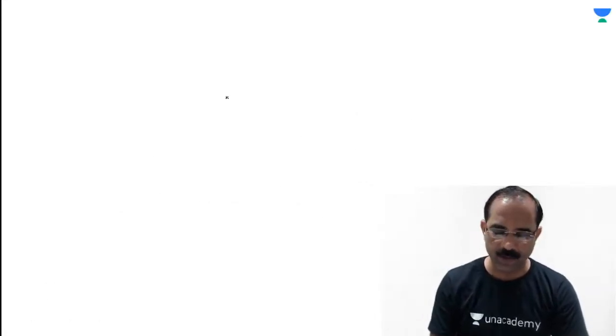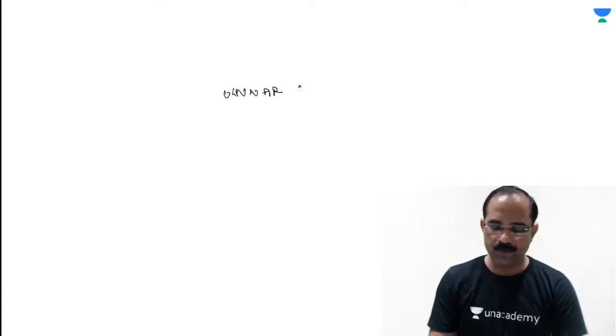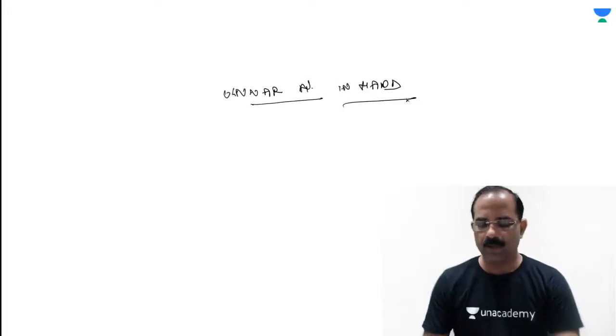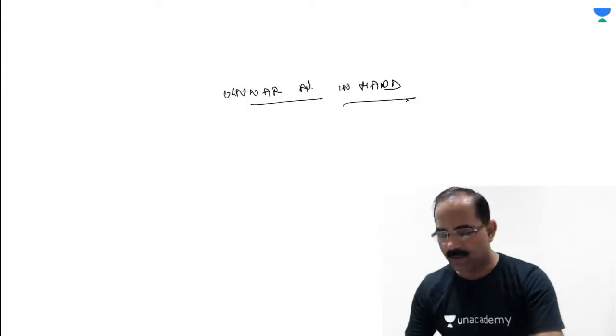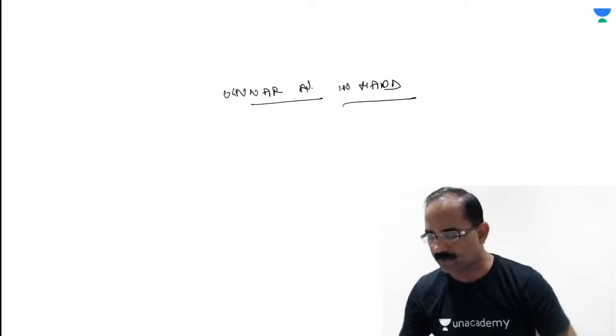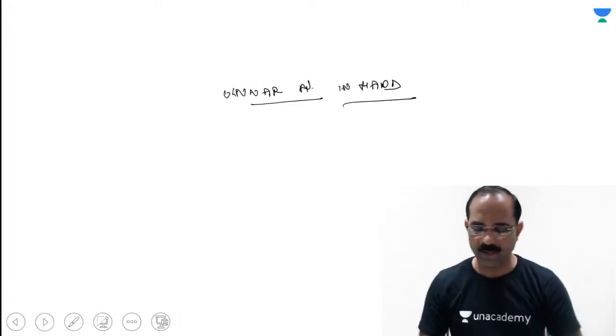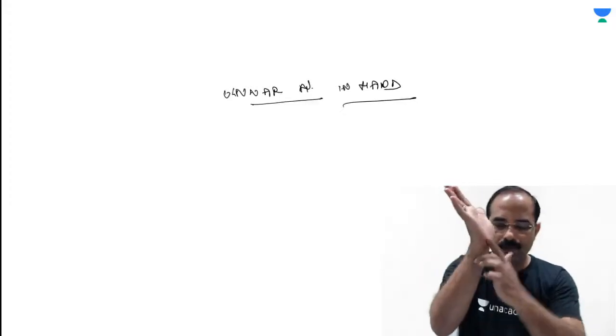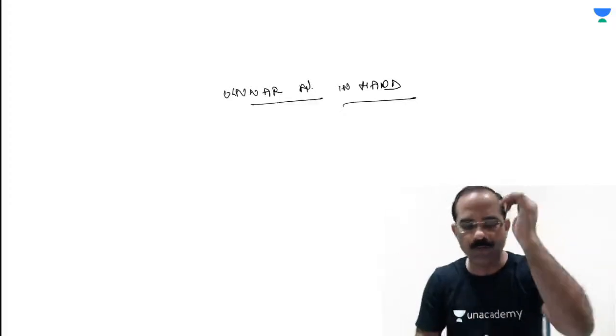Now coming to the muscles supplied by ulnar nerve in the hand. Now tell me students, how does the ulnar nerve enter the hand? The ulnar nerve enters the hand through the Guyon's tunnel, right?